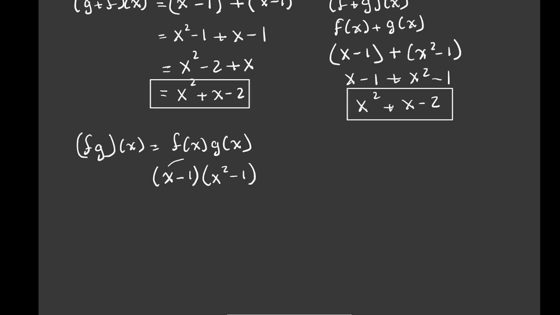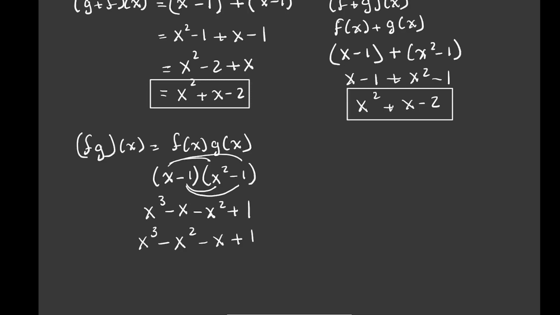Expanding this, the first term in the first parentheses multiplied by every term in the second one gives you x cubed minus x. The second term in the first parentheses multiplied by every term in the second one gives you minus x squared plus 1. We can't combine anything, but I can rearrange these to be x cubed minus x squared minus x plus 1.